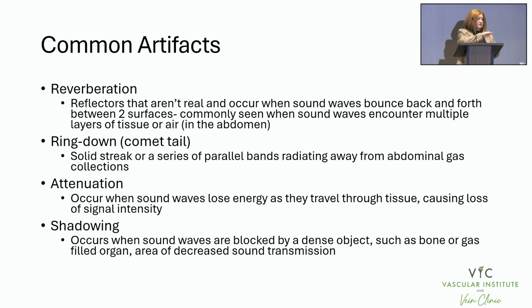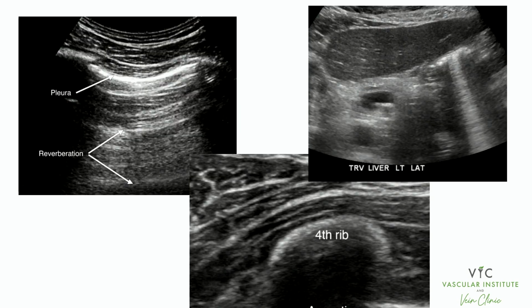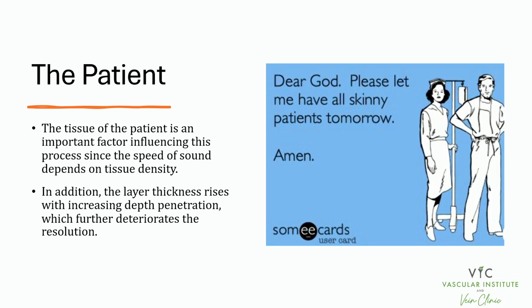Or like Tish showed that picture with the ring down, and then of course shadowing. So these are just some examples of different kinds of artifact, but you need to be aware of them, and when they come up, know that that's an artifact, and how to be able to really give a good diagnosis for that patient.